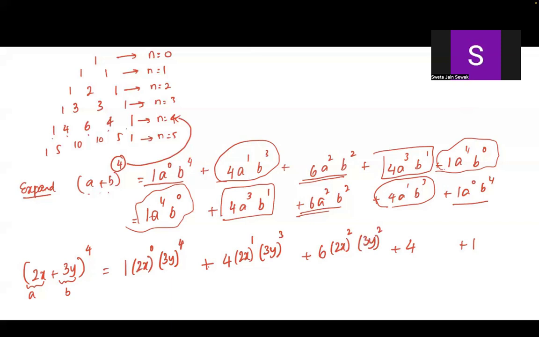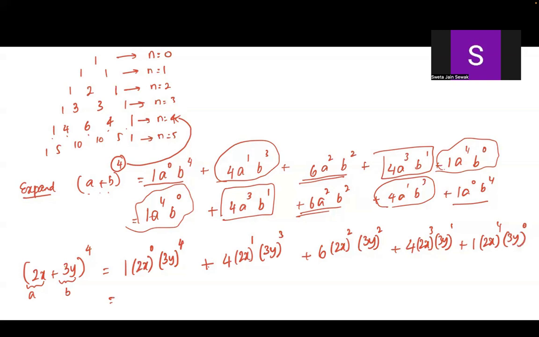The next term is 4, A to the power of 3 and B, that's 3y to the power of 1. And finally, it's A, which is 2x to the power of 4, and B, that is 3y to the power of 0. And now all we need to do is to simplify this.